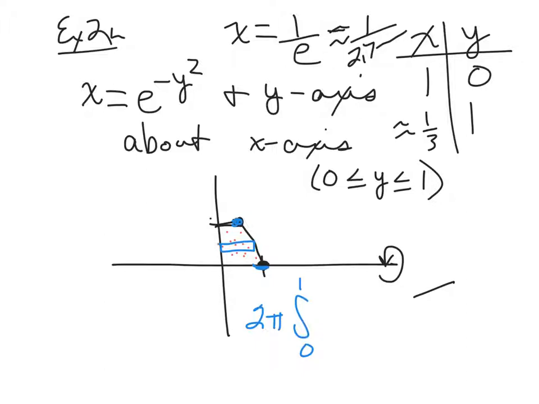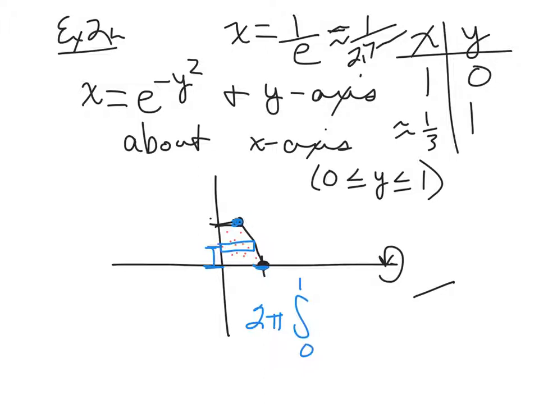Okay, and then we need our p of y. P of y is the distance from the rectangle to the axis of revolution. Now, on our last problem, we were in terms of x, and we were measuring the distance back to the y-axis, right? And we said that that's equal to x. So if you're in terms of y and you're measuring the distance back to the x-axis, what's that distance going to be?